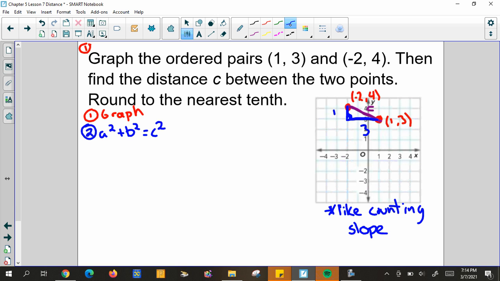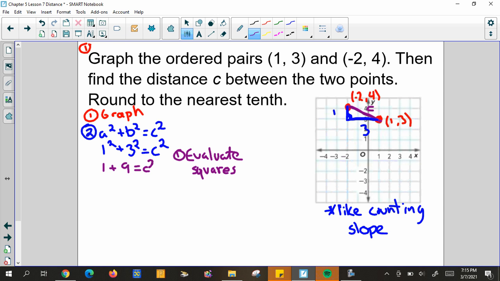We'll make A 1, B will be 3, and we're going to find C. Step 1, evaluate squares. 1 squared is 1, 3 squared is 9, and I don't know what C is yet.